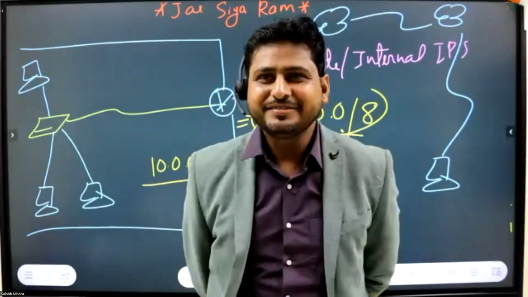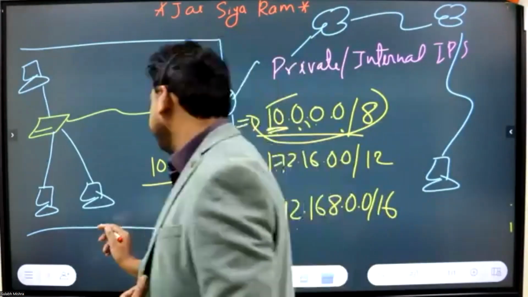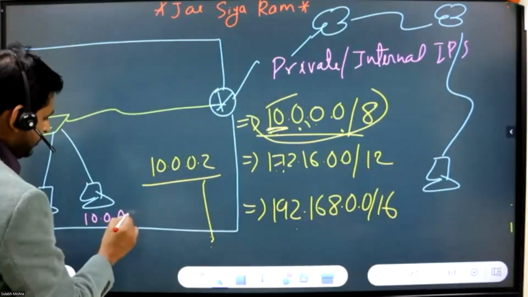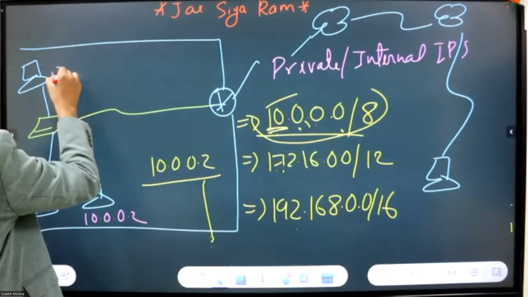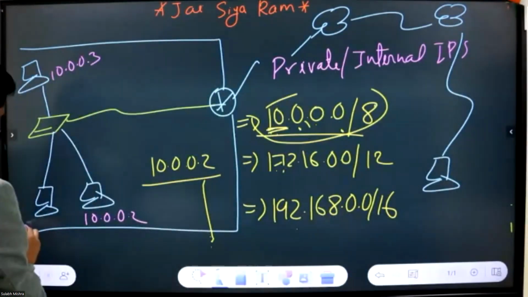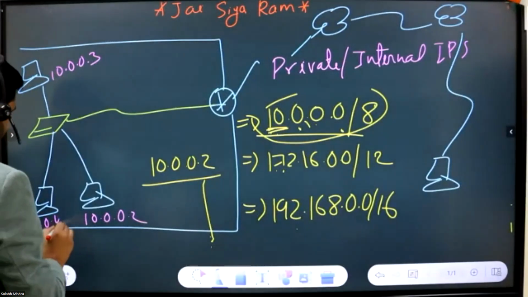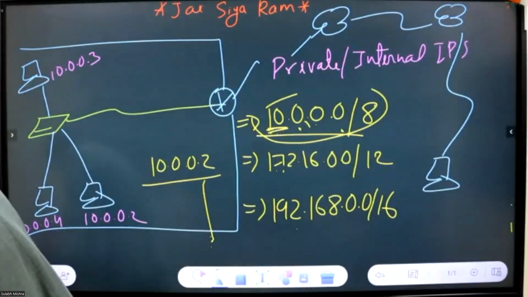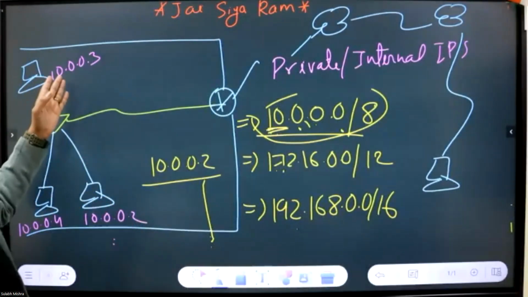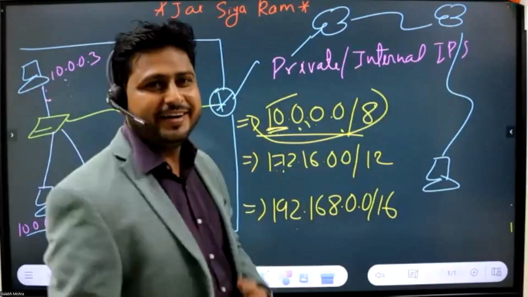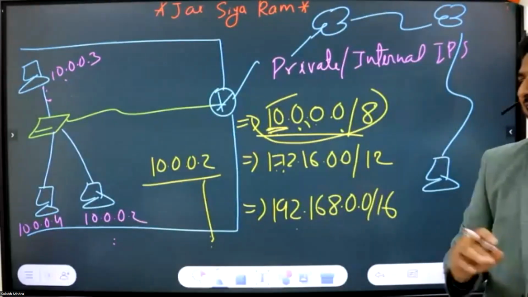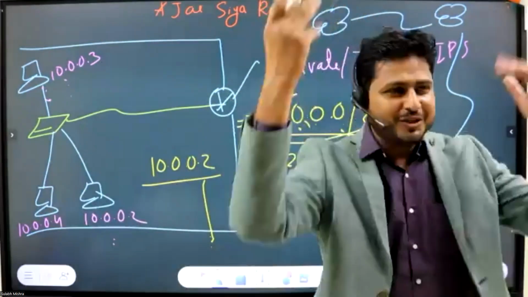For example, if you have assigned 10.0.0.2, 10.0.0.3, 10.0.0.4, what will happen now? This computer can talk to this computer, can talk to this computer. But all these computers cannot go to the internet, because like you have assigned, some other companies also assign.